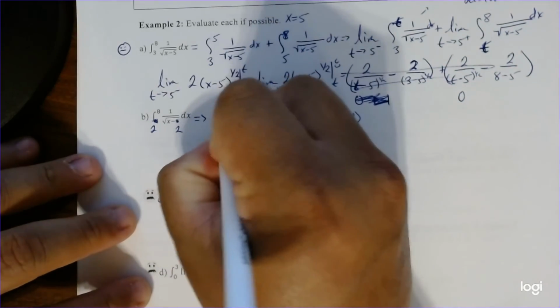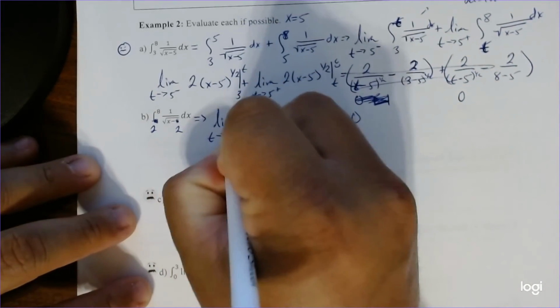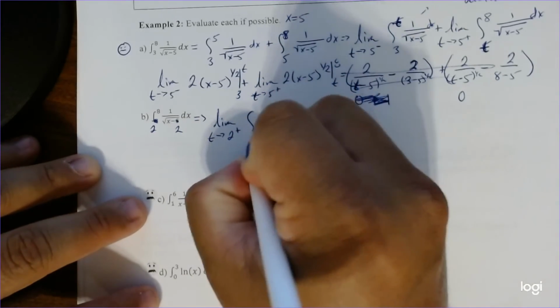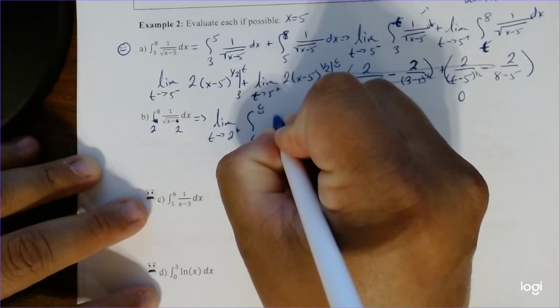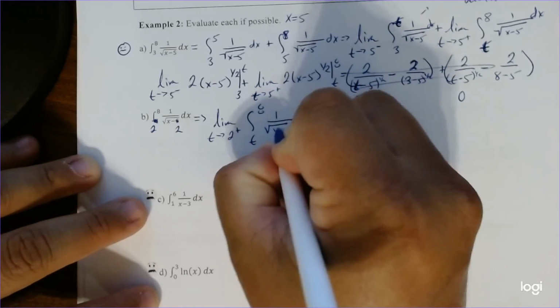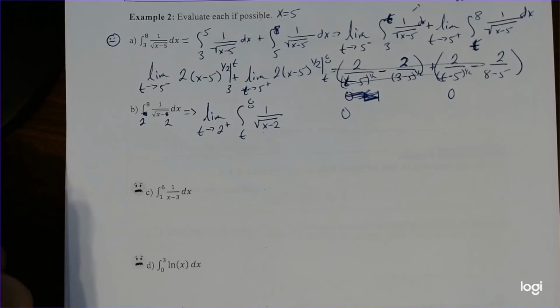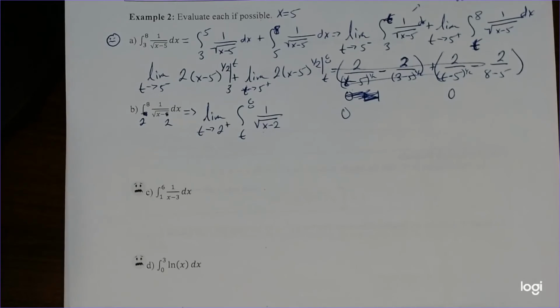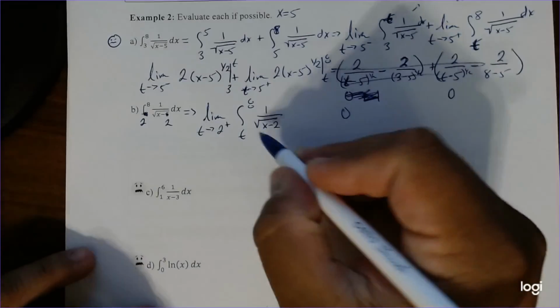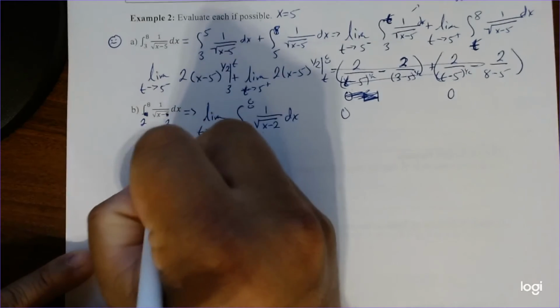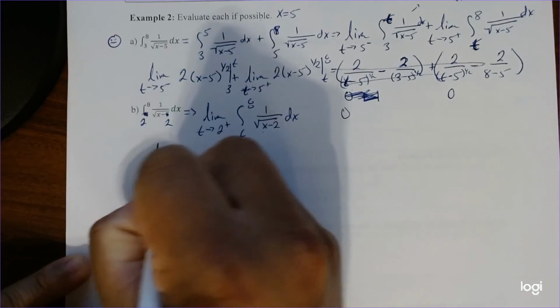So let's take the limit as t goes to 2 from the positive side, or from the right-hand side of this. Right, so you kind of see a template of each one individually, how it's going to be. Okay, so take the integral. So we already did it on top, so it's just going to be this value here.